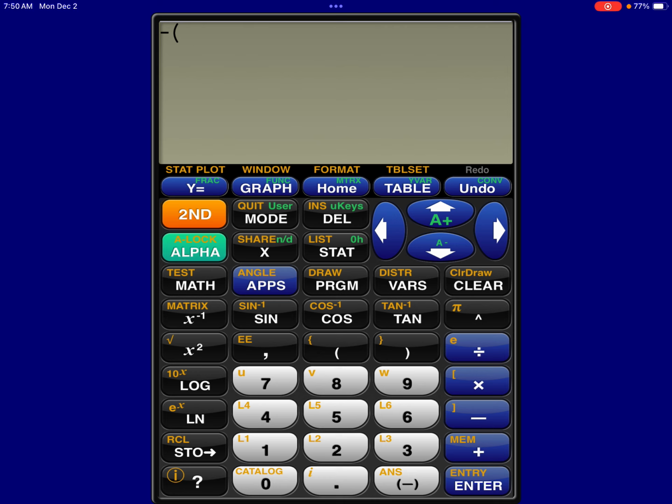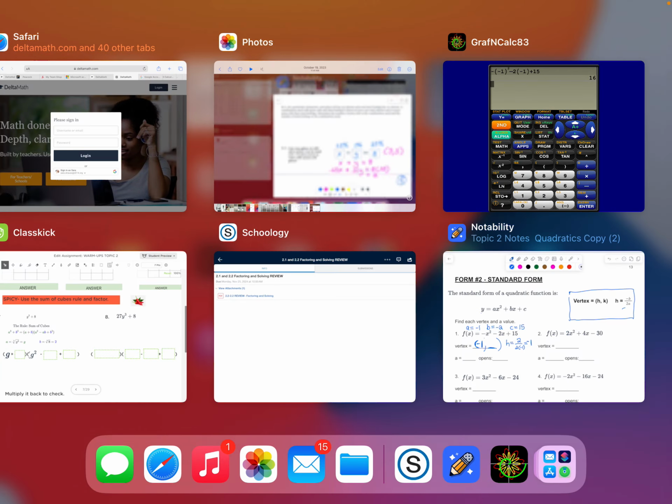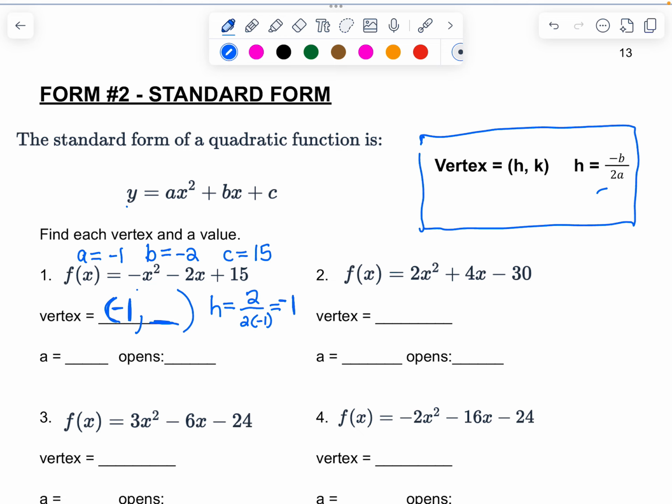We'd have the opposite, -1 squared, minus 2 times -1 plus 15. Okay, the key part is making sure that when you plug in -1, you put it in parentheses when you square it. We kind of run into that before. So we would say the vertex is -1, 16.